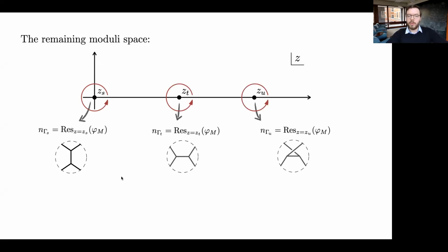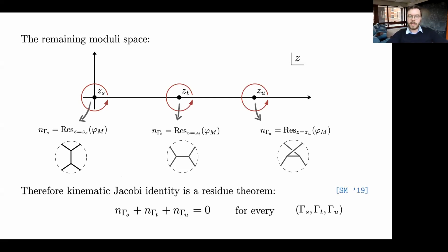And now we can do the obvious thing, just deform this contour to a point, and that gives us, by the residue theorem, that these numerators assigned in this way always have to add up to 0, and you can repeat this argument for every possible triple of diagrams gamma s, t, and u. So that proves that numerators assigned in this way are always BCJ.